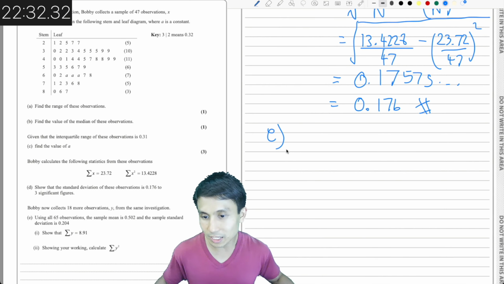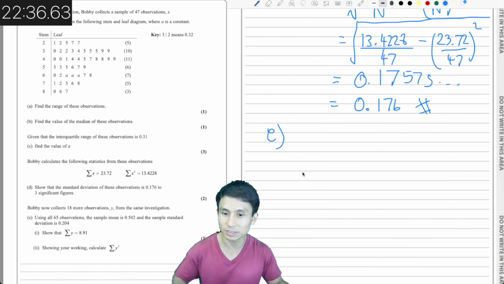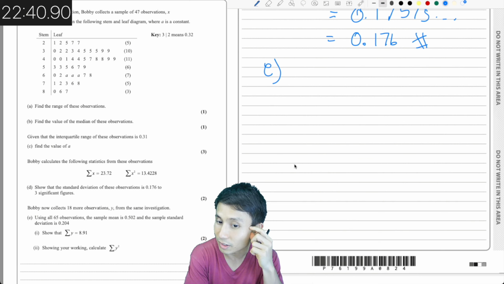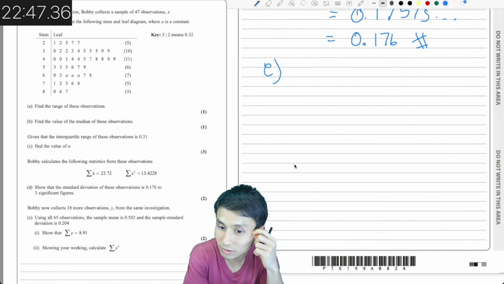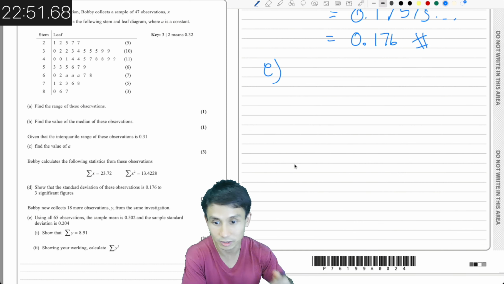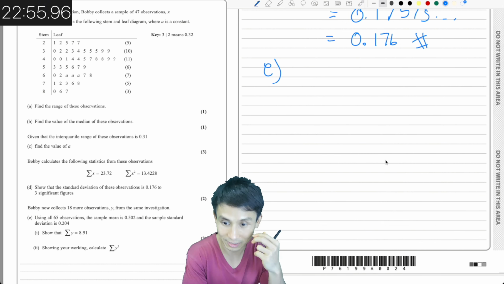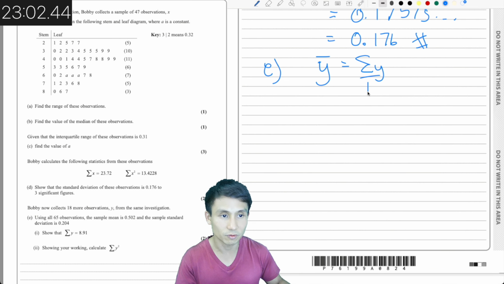Bobby now collects 18 more observations Y from the same investigation. Using all 65 observations, the sample mean is 0.502 and the sample standard deviation is that. Show that sigma y is that. Y bar is equal to sigma y over n, right?